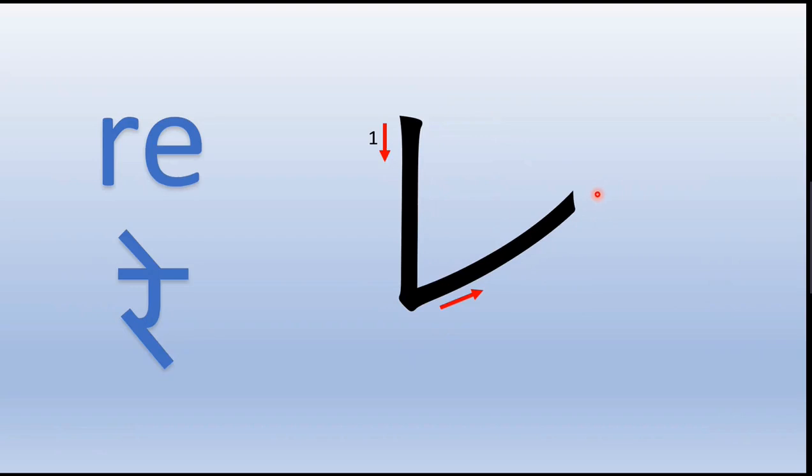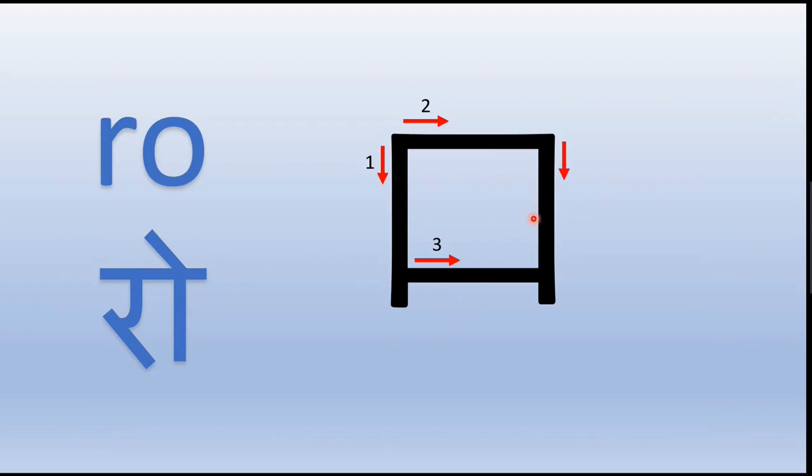Then we have re. Re will be written in a single stroke. First we bring it here up to here as a vertical line, and then we extend it up to here in this way. So this is re. And finally we have ro. Ro can be written in a number of ways, but the appropriate one and the actual one that should be used is this.